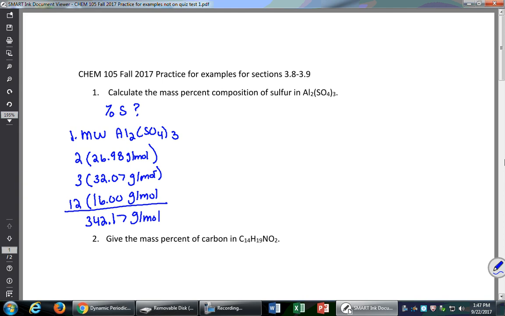So to calculate our percent, it's just going to be our part divided by our whole, which we just figured out, is that, times 100, because it's a percent. Percent's always times 100. So our part is not just the molecular weight of sulfur, but 3 times the molecular weight of sulfur. This is our part.